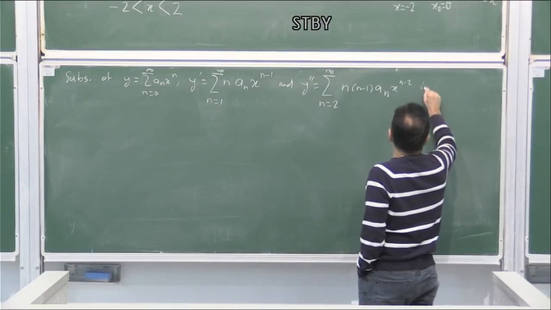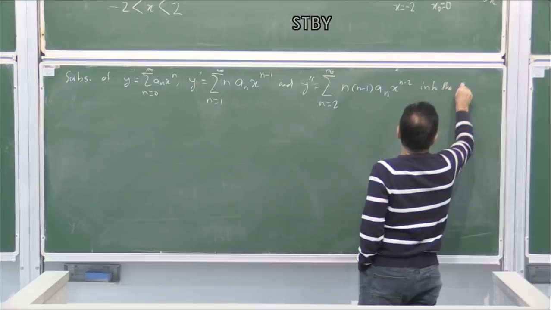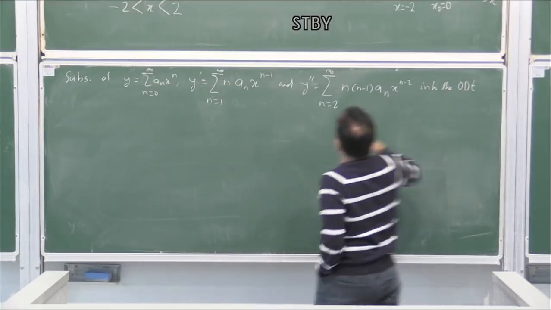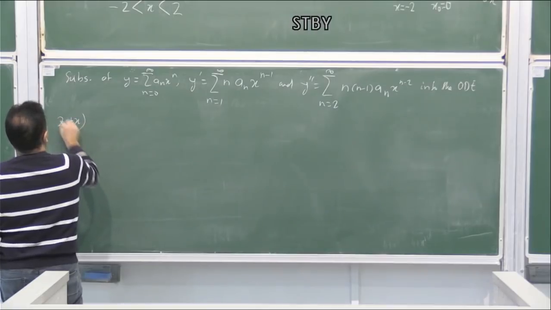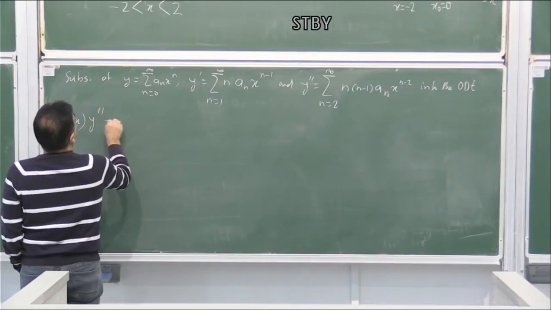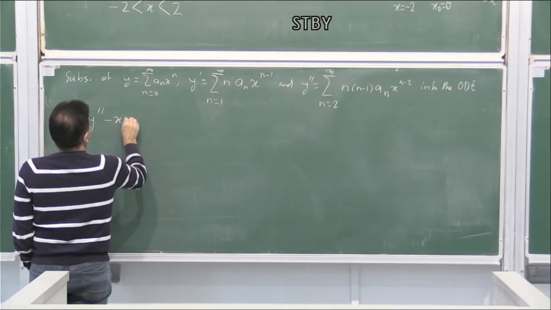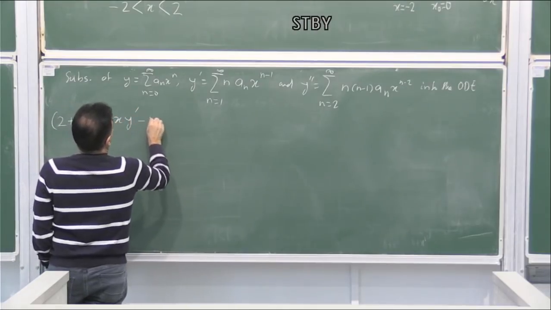Substitution of this into the ODE, I mean this one. 2 plus x y double prime minus x y prime minus y.